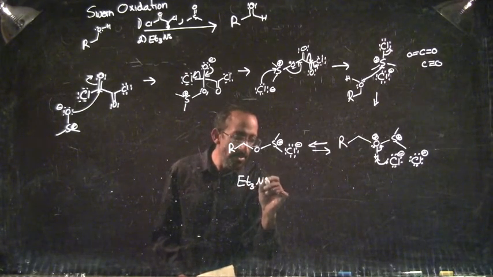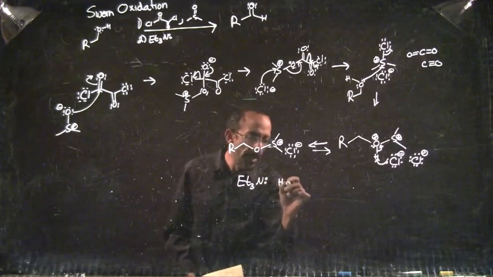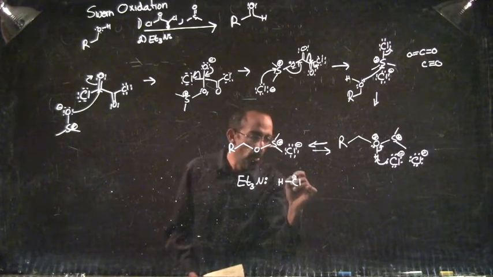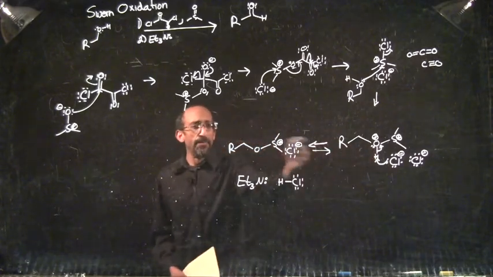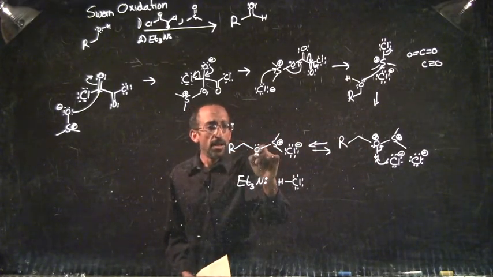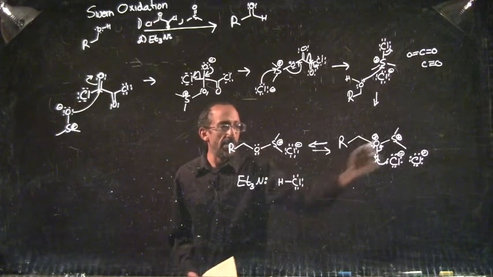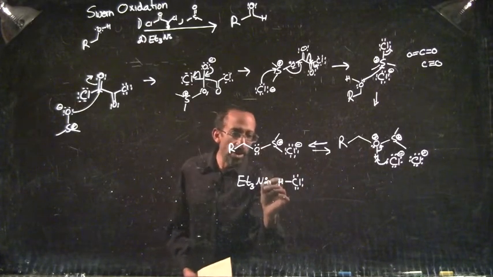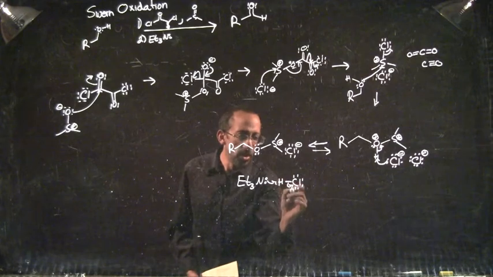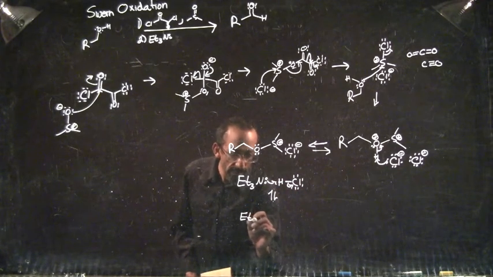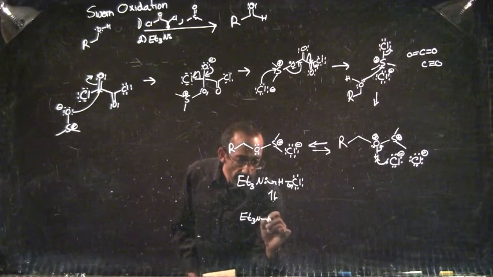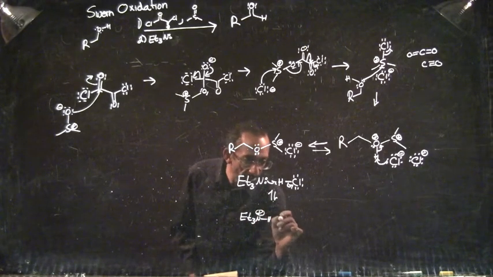And we're going to use excess triethylamine for two reasons. One, we want this equilibrium to stop happening between HCl and oxonium, and so one equivalent of triethylamine reacts with HCl to give us this salt.